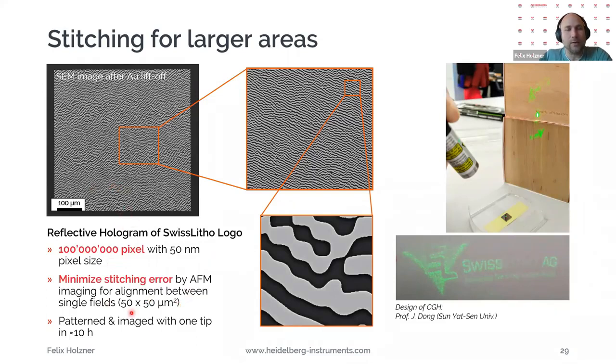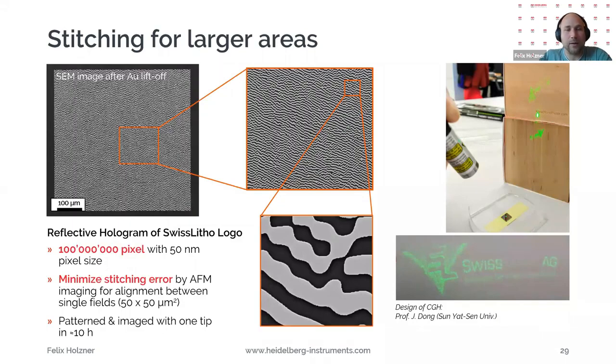For the stitching, we use our in situ alignment capability. We measure with a cold tip before we write the next field to align the fields with very low stitching error. But in general, again, this takes rather long. This took around 10 hours to write and image this whole pattern.